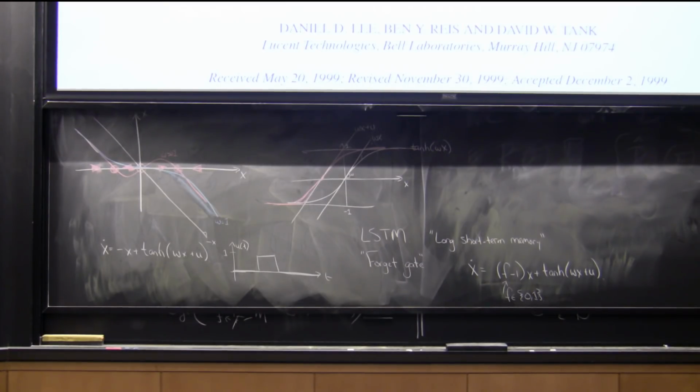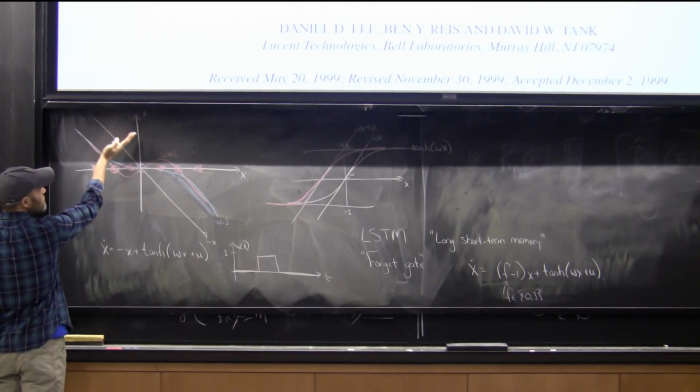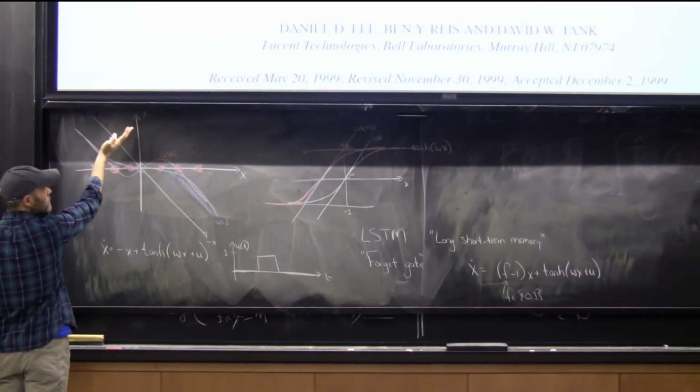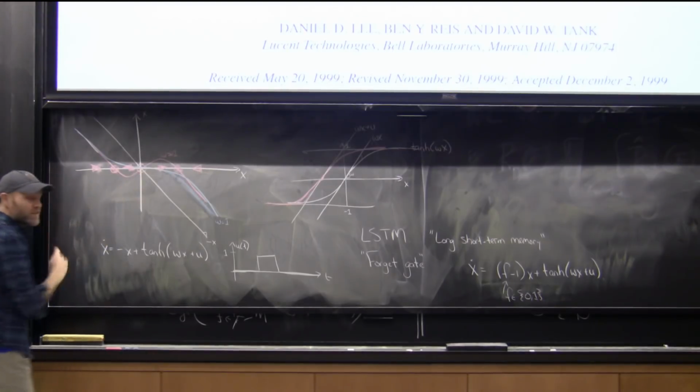There's so much more you can do with these pictures. I just want to give you one more concept here. We already saw it: as I started putting u in, I could move this curve around. And as I do that, the location of the fixed points actually moves.